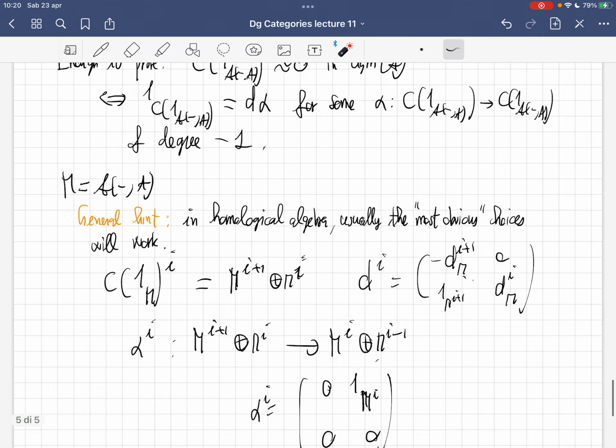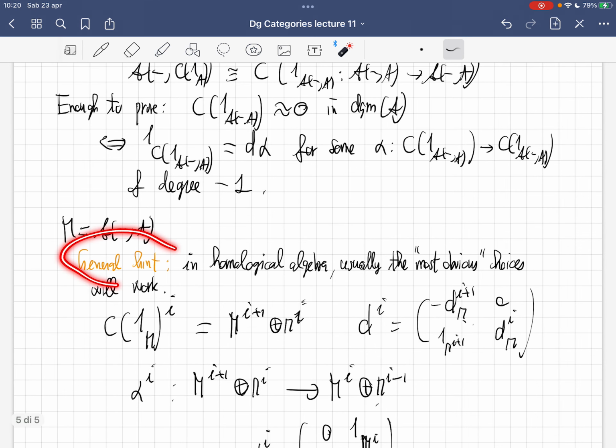And then when you need to find this alpha, you have this general hint in homological algebra: you have some limited starting data, and with that data you make definitions and you do stuff in the obvious possible way.